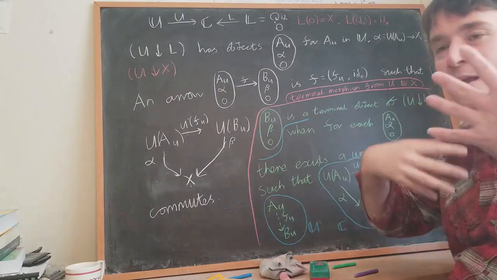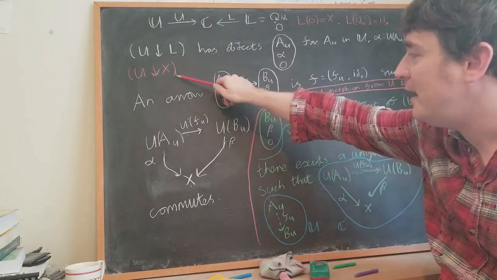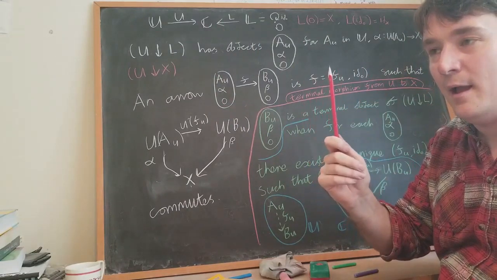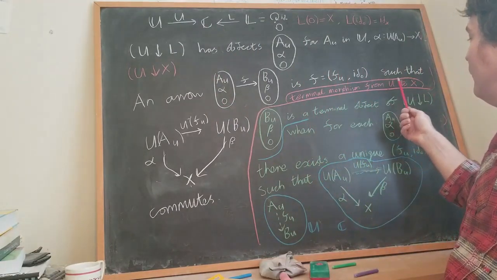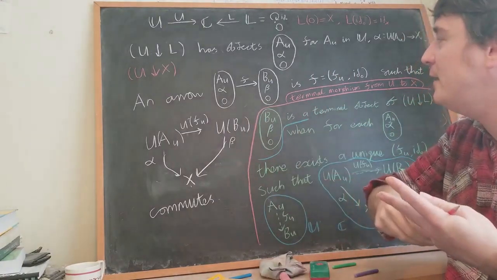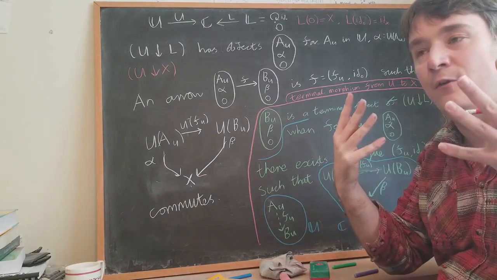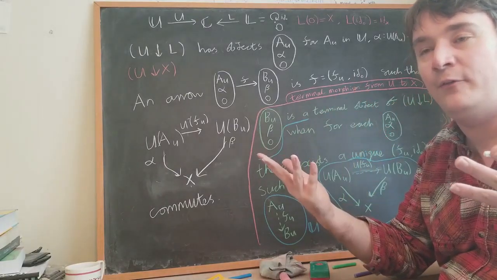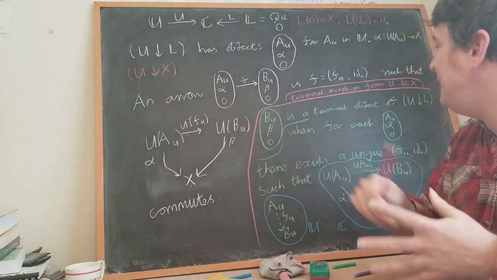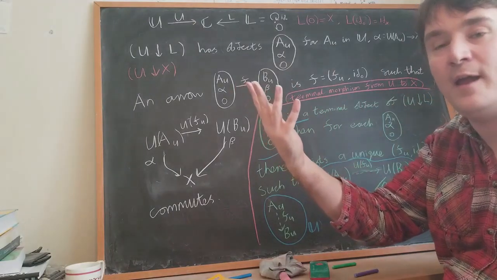Okay, so we see that the terminal objects of this comma category here are precisely the terminal morphisms from u to x. So now we have an equivalent way to define a terminal morphism from u to x. And also, what do we get out of this? Well, we get a very, very simple short proof that any two terminal morphisms from u to x are going to be isomorphic.